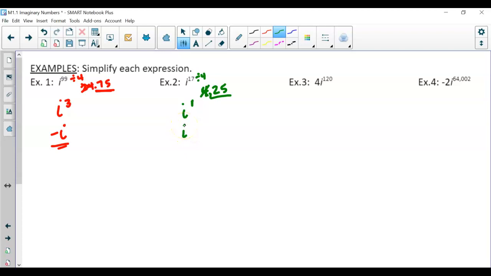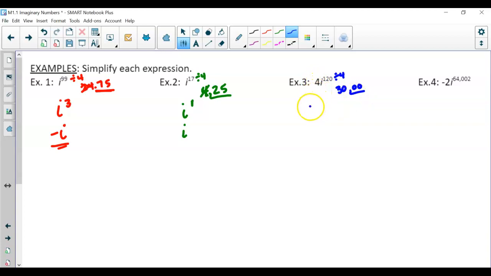So notice how here we're dividing by 4. Now this one's a little different because you have a coefficient of 4. So in the end, we're going to multiply by 4. We take that exponent and divide by 4. When you divide by 4, you end up with a whole number of 30. No quarters, nothing. This is 0.